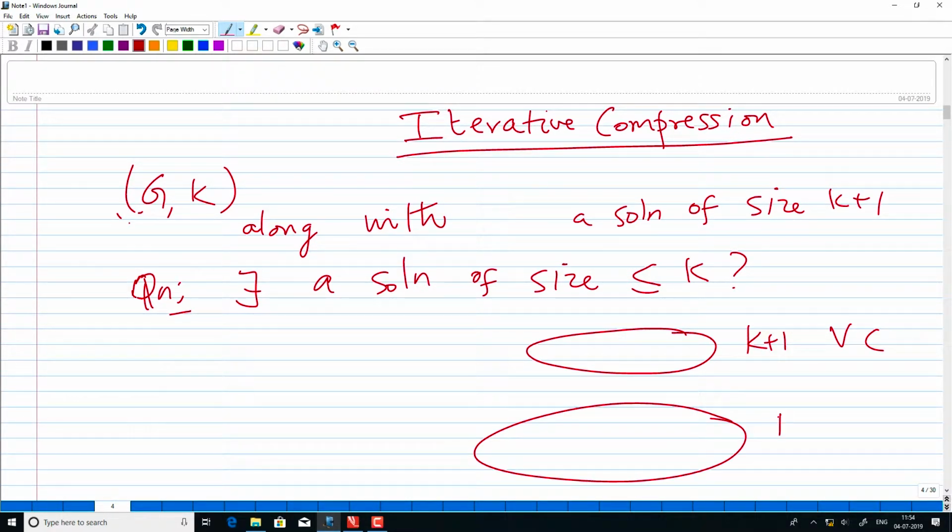This is the rest of the graph. And if this is a vertex cover, what do I know about this part of the graph? It's an independent set, right? There are no edges, so it looks like this. So now I'm asking, is there a solution of size at most k?